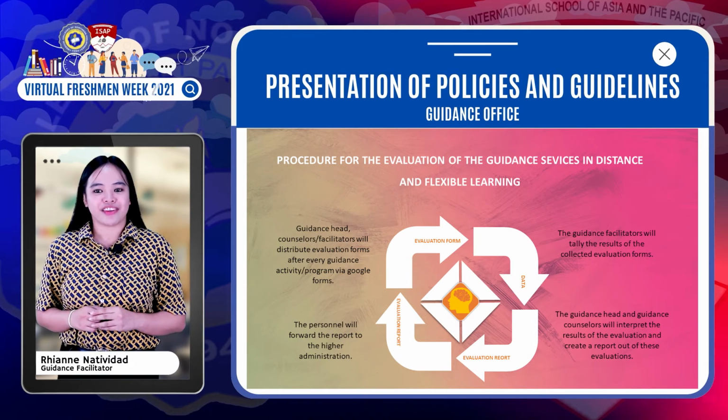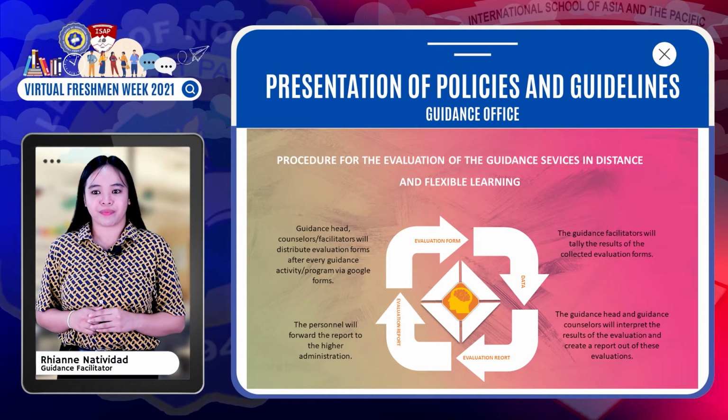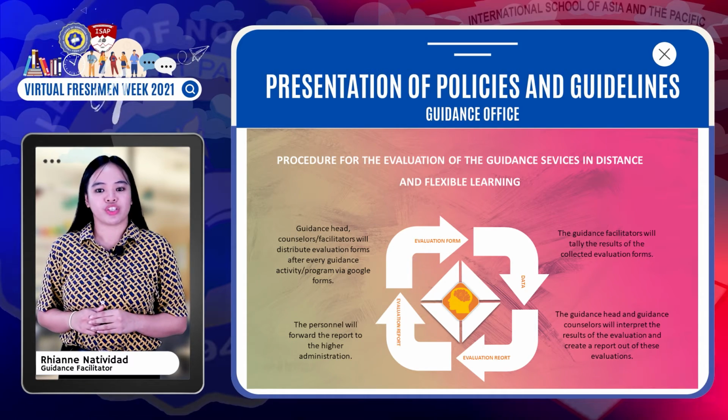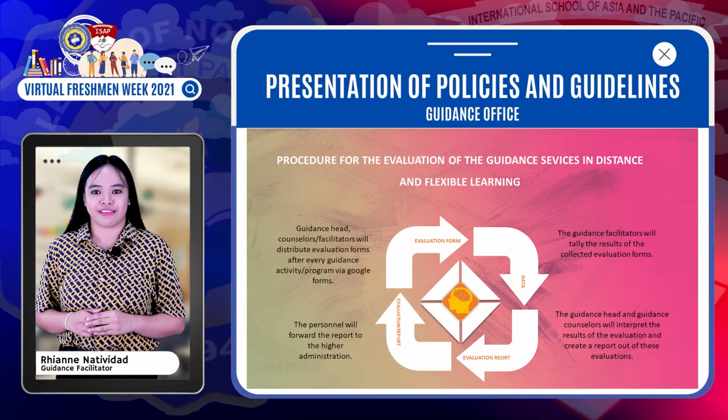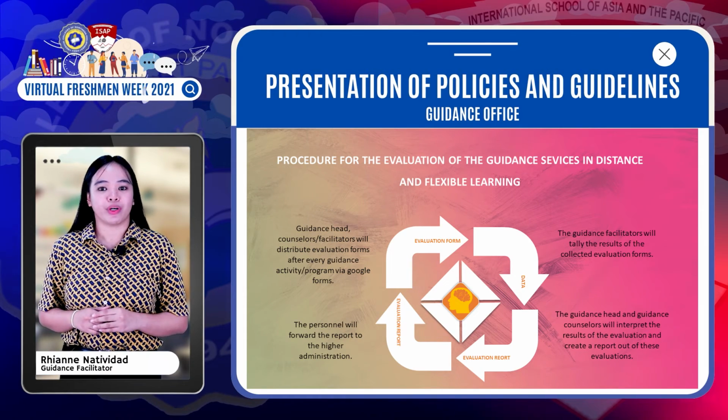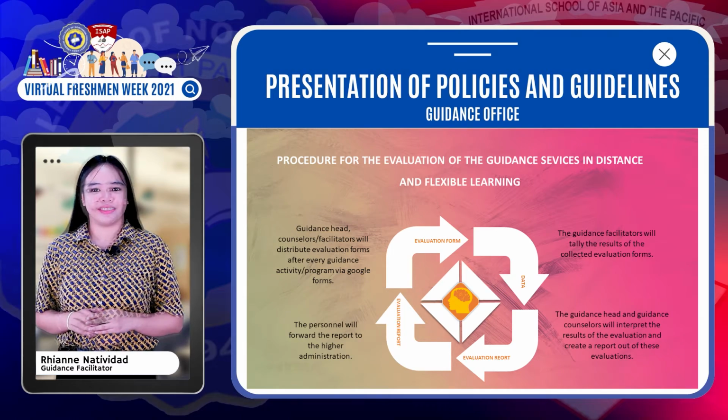Then, the guidance facilitators will tally the results of the collected evaluation forms. Furthermore, the guidance head and guidance counselors will interpret the results of the evaluation and create a report out of these evaluations. Lastly, the personnel will forward the report to the higher administration.